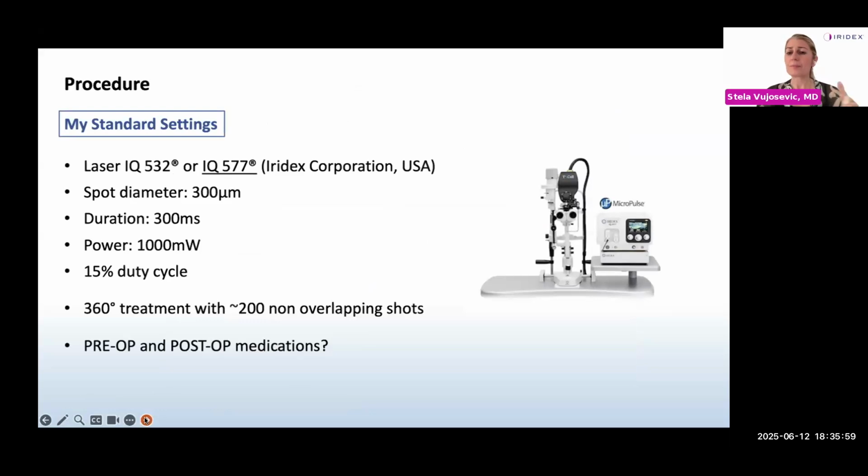In the retina, we use the shortest duty cycle of 5%. The power is set at 1000 milliwatt. It is always constant. I do not change it. And usually I do in the same session the treatment, if it is possible, of 360 degrees, at least 120 spots up to 200 spots.